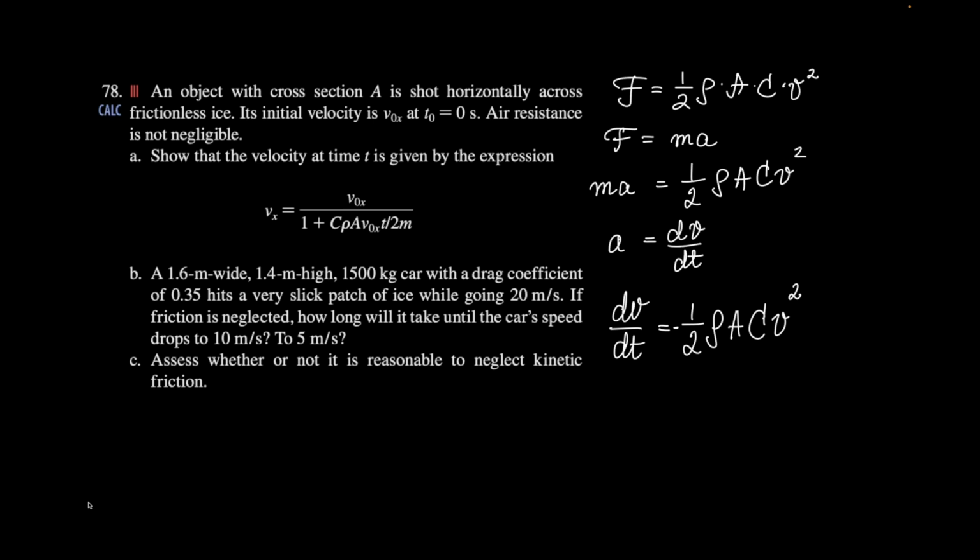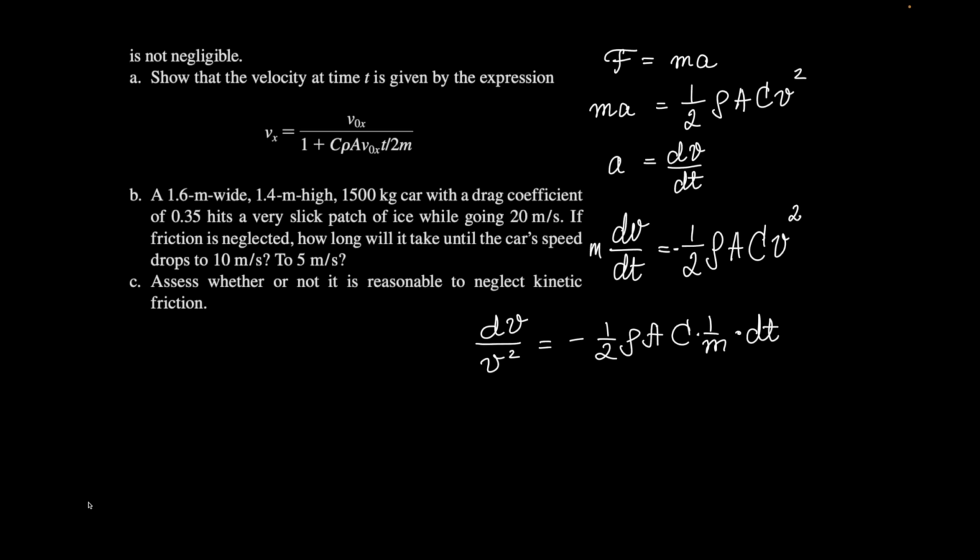So if I cross multiply to get my dv over v squared on the left, I should have negative 1/2 rho A C times 1 over mass, so 1 over m, all of that times dt. Now I'm going to integrate both sides, v to the negative second, from v0 to the vx that I'm after.